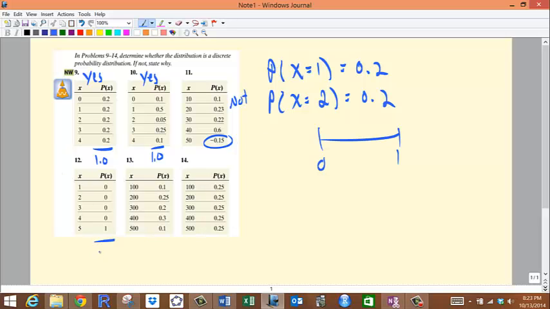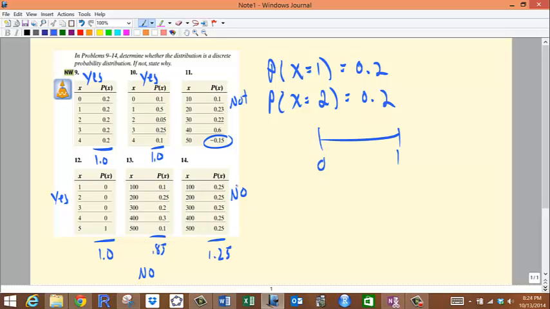This one here, yes, all the probabilities are between 0 and 1. So number 12, yes, it is. And this one here, we've got 50, 60, 70, 85. So the sum is 85. This one does not sum to 1, so no. And then this one, check it. 25, 50, 75, 100, 125, so 1.25. So this one would be no.